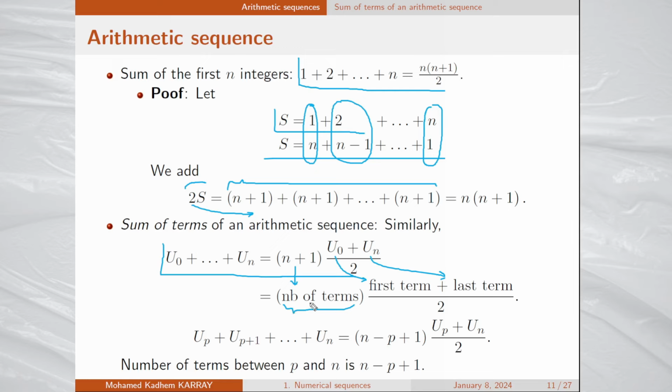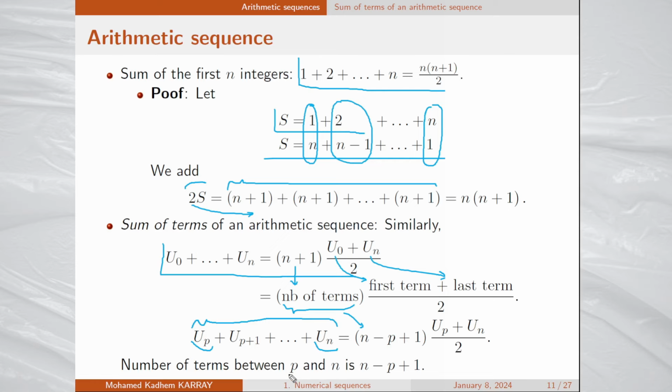And this way of expressing this formula permits to see that up plus 1 plus ... plus un equals the number of terms, which is n minus p plus 1 in this case, multiplied by the first term, which is up, plus the last one, which is un, divided by 2.